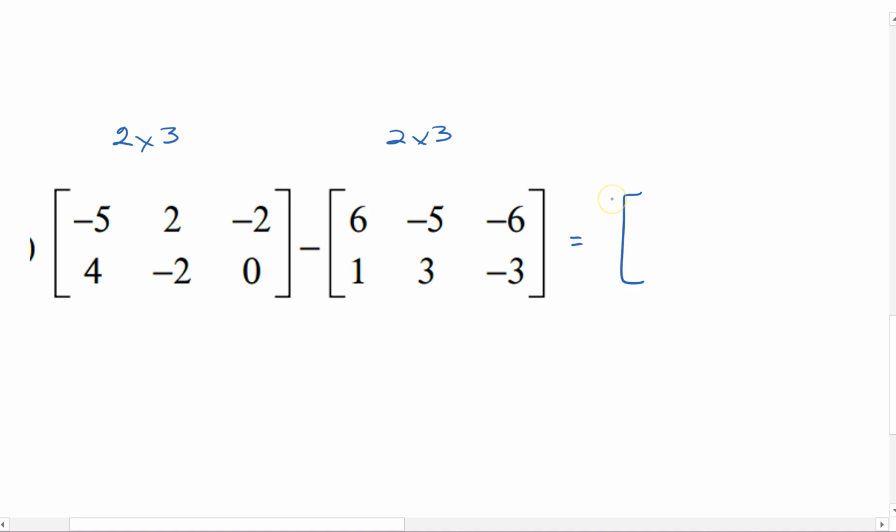All right, so same thing. -5 minus 6, -11. -2 minus -5 is 7. -2 minus -6 is 4. 4 minus 1 is 3. Pretty simple, yes? -2 minus 3 is -5. And 0 minus -3 is +3. So I started with a 2 by 3, I subtracted a 2 by 3, and I still have a 2 by 3.